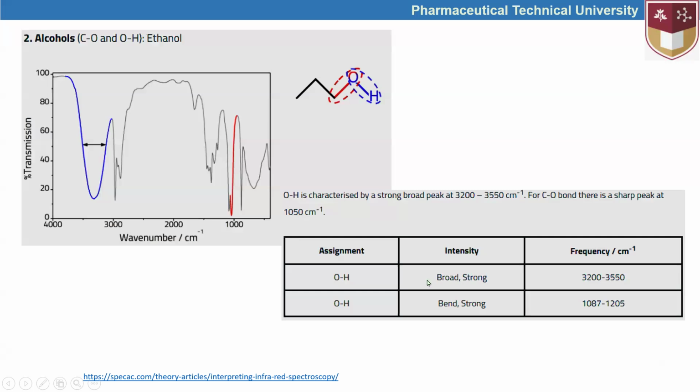Here we can see it is broad for oxygen and hydrogen in this case, from 3,200 to 3,550, as indicated here.